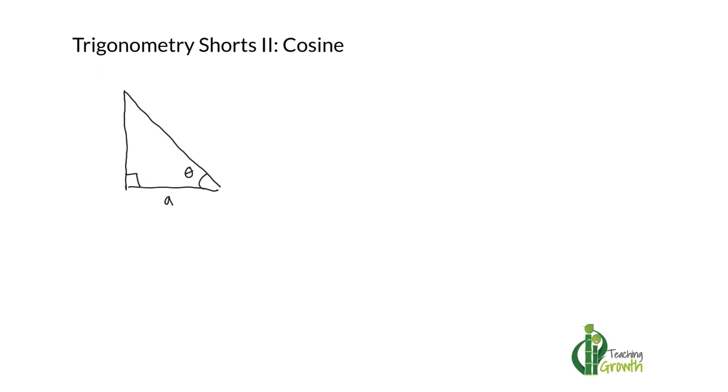However, we're given our adjacent and our hypotenuse. We're told that our hypotenuse is equal to 5, and our adjacent is equal to 3. They want us to solve for theta.